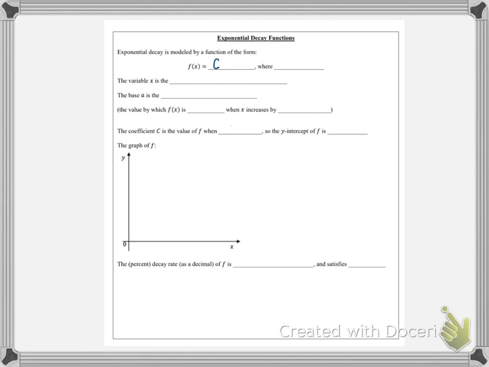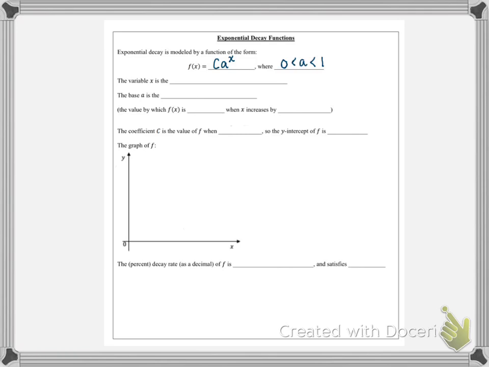Our equation is still c times a to the x. But what makes it a decay function is that a is a number that we would multiply by to make our output smaller. So it's between 0 and 1. Your growth or decay factor is never negative.